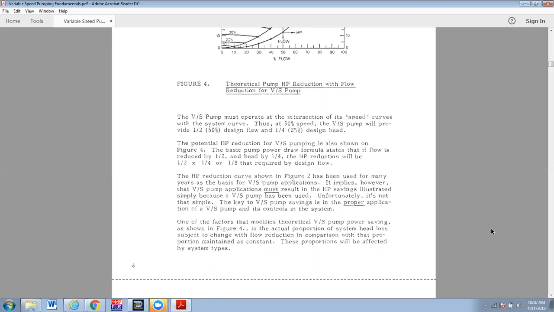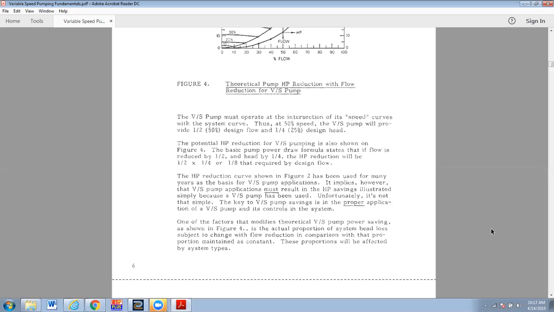Some systems have no static head, in which case we would get a curve like that above. But most, especially in HVAC applications, have some proportion of the total head which has to remain constant, and that will reduce the potential savings from the variable speed pumping.